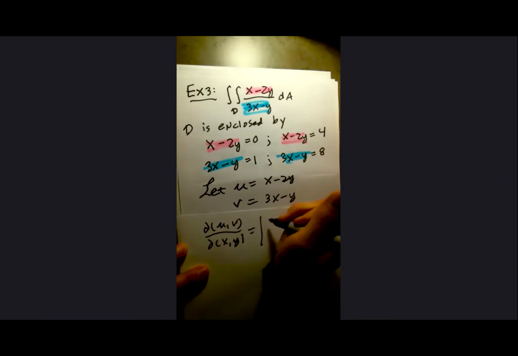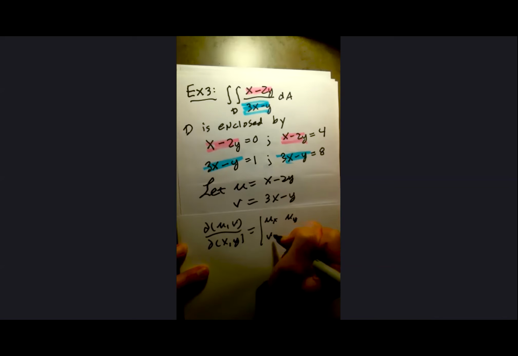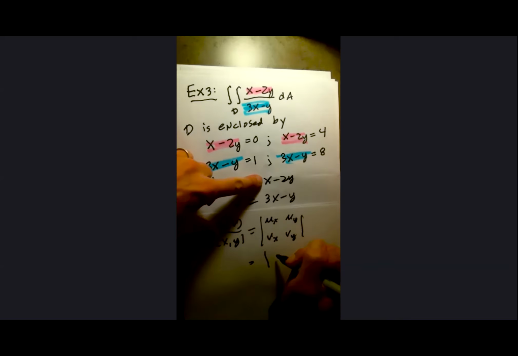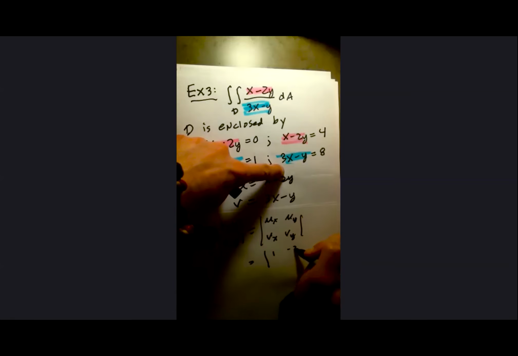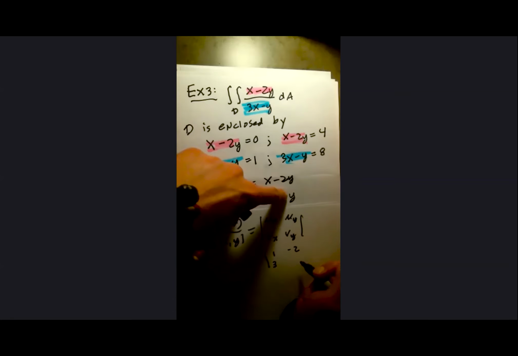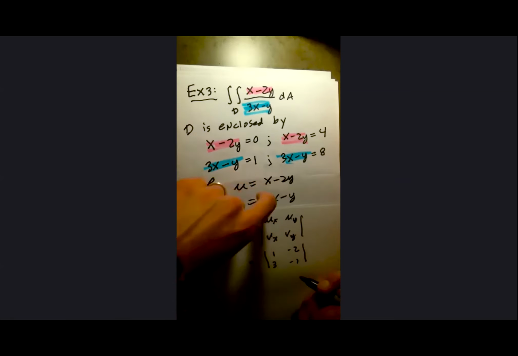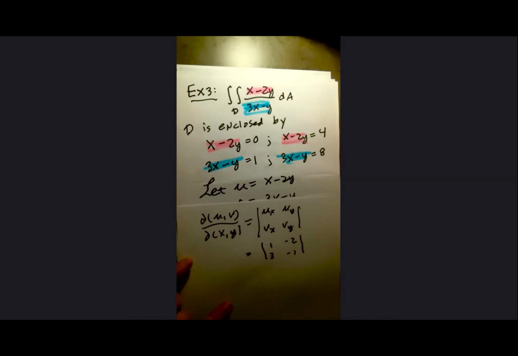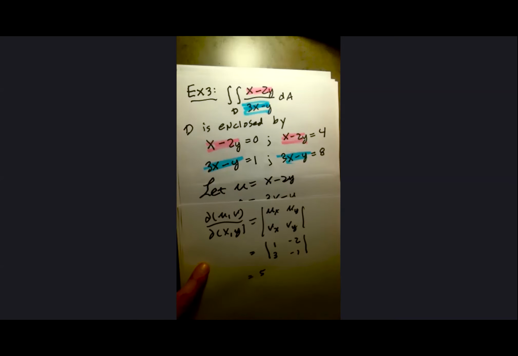And that's going to be ux, uy, vx, vy: 1, minus 2, 3, minus 1, which is a funny way of writing -1 plus 6, or 5. So what's the scaling factor that we want?